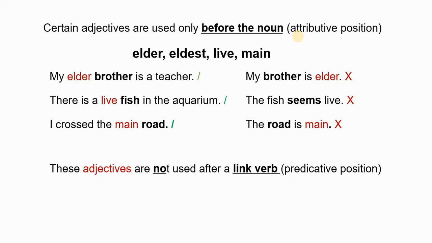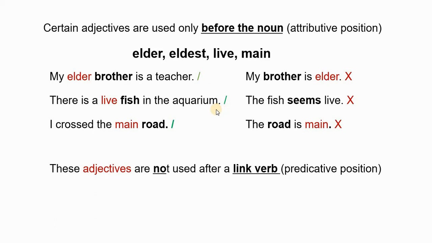There are many examples, guys, but these are the common ones. Elder, eldest, live, main. For example, my elder brother is a teacher. There is a live fish in the aquarium. So this is correct.